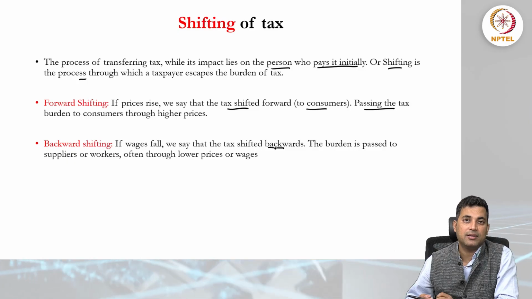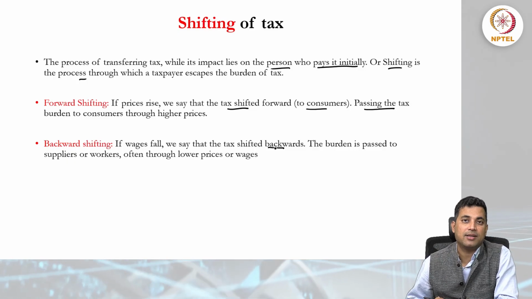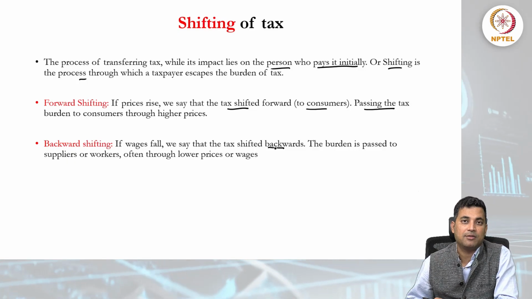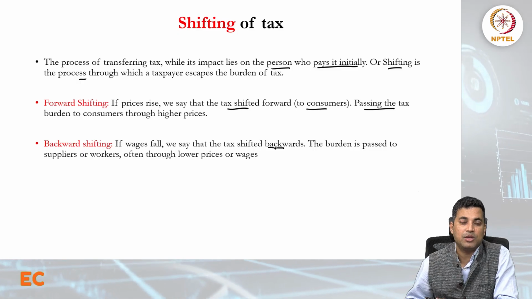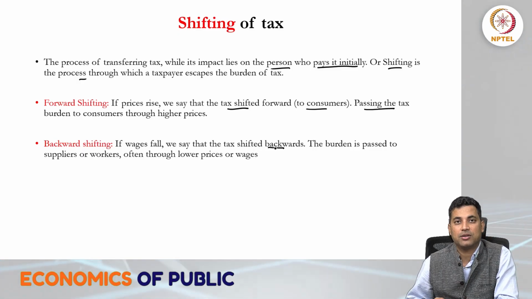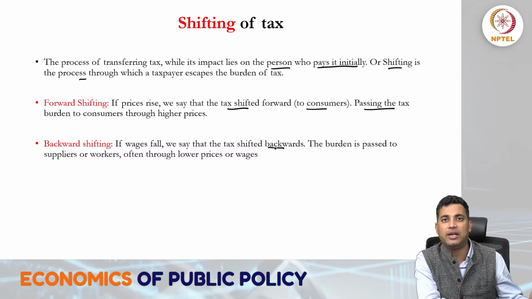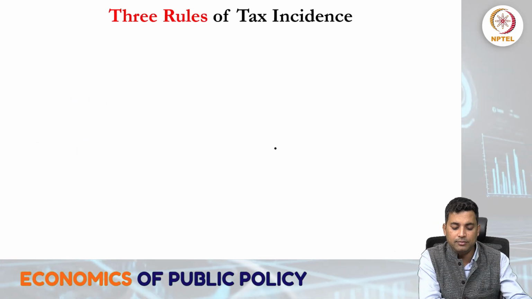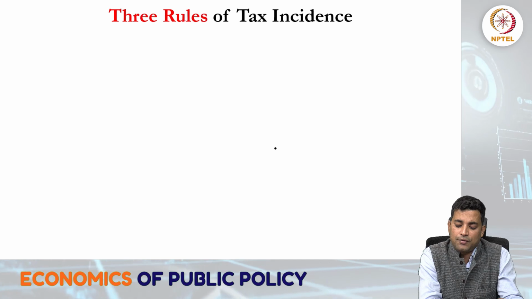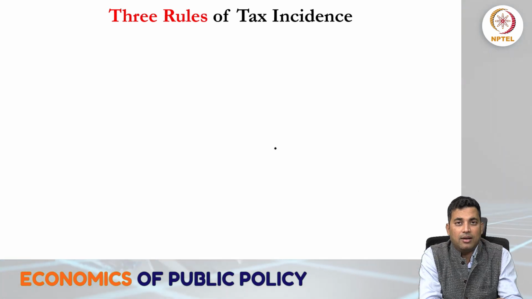The producer is trying to adjust the tax or escape the tax burden through internal adjustment of its cost of production. So this is how tax shifting happens broadly in two ways. Now, three rules of tax incidence that we talk about here.